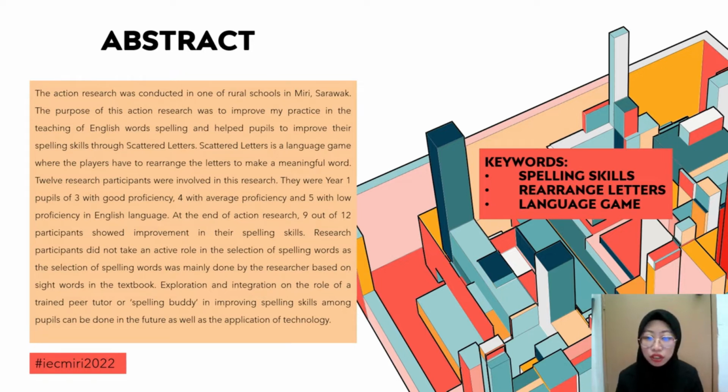Exploration and integration on the role of a trained peer tutor or spelling buddy in improving spelling skills among pupils can be done in the future, as well as the application of technology. So in my research, there are three keywords: spelling skills, rearranged letters, and language game.